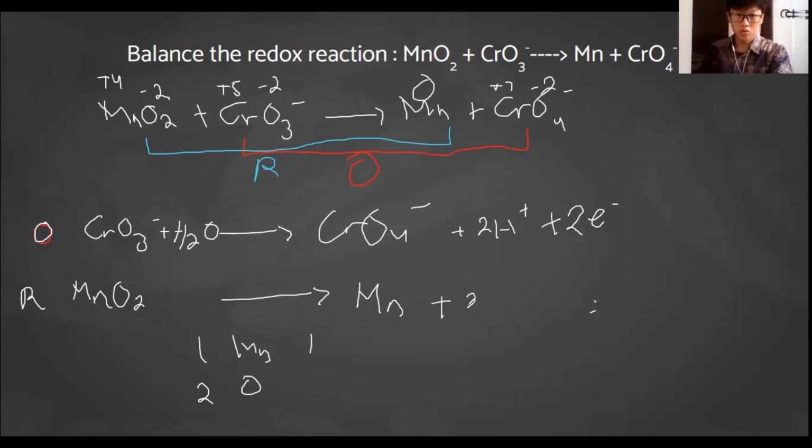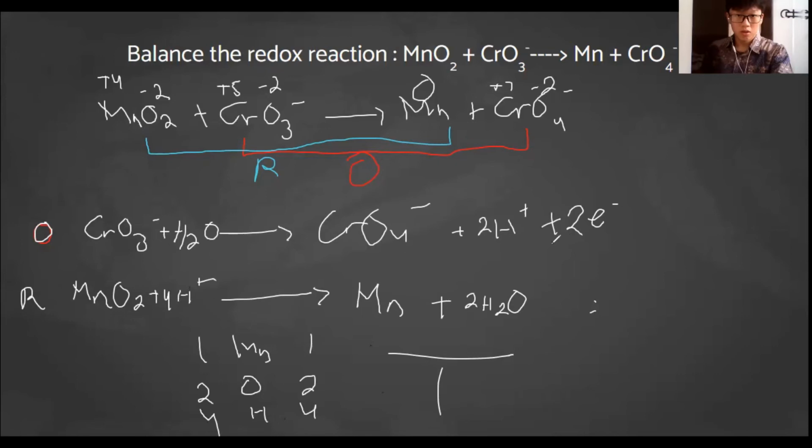So we add 2 H2O. So this will be 2, and since we added hydrogen on this side, we will add 4 H plus, since 2 times 2 is 4. So 4 and 4.